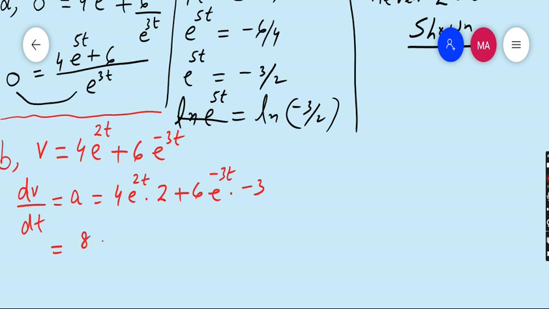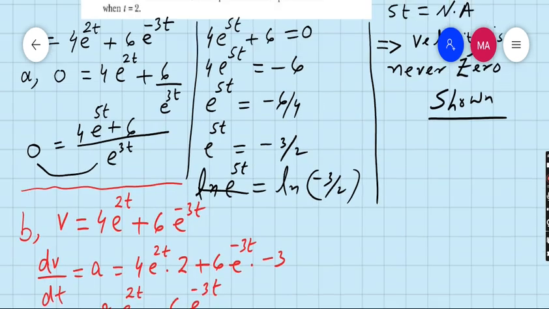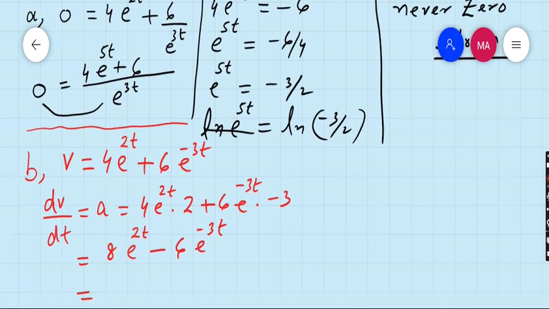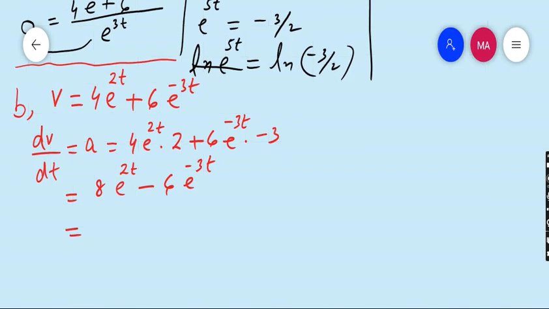So 8e^(2t) plus minus minus 6e^(-3t) equals the acceleration, but we need to find the numerical value of acceleration. Find the acceleration when t equals ln 2.